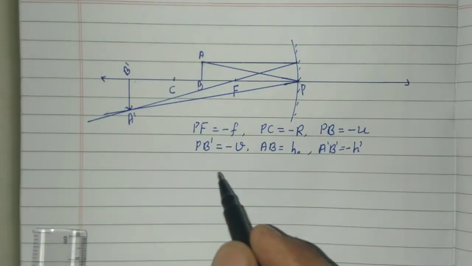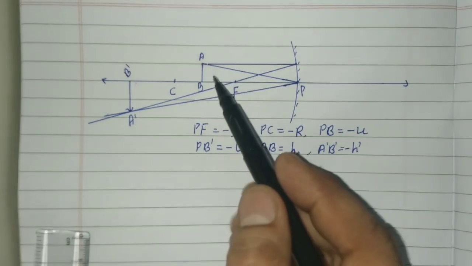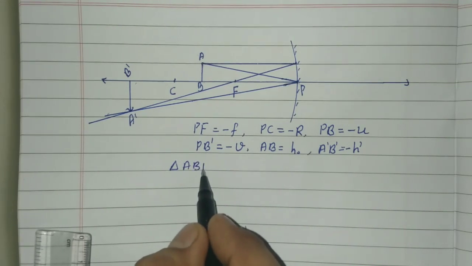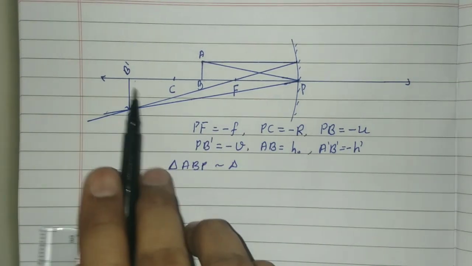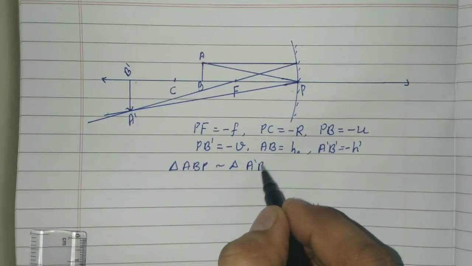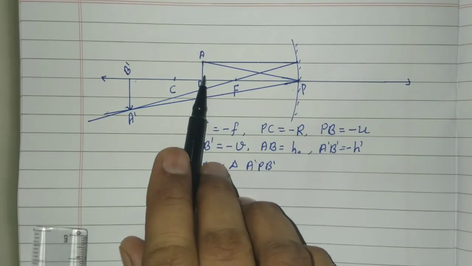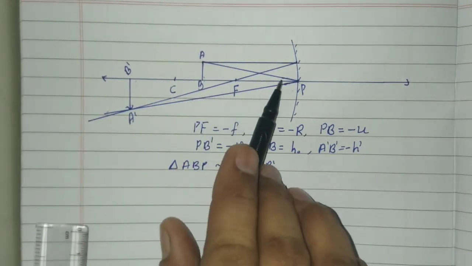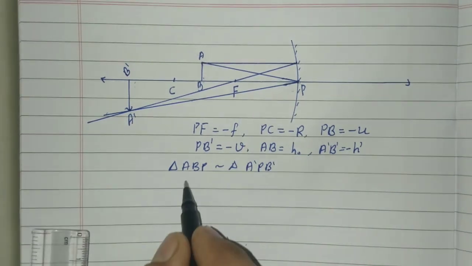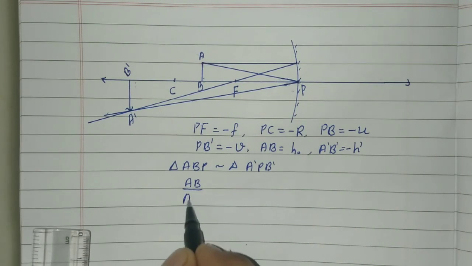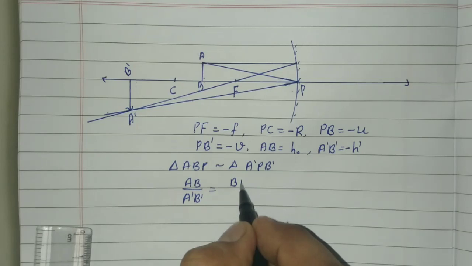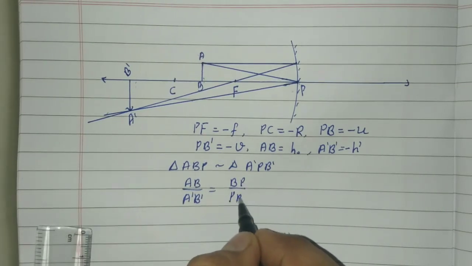Now we will use the concept of similarity. Here in this question, triangle ABP is similar to triangle A dash P B dash, because angle B is equal to angle B dash and angle P is equal to angle P, because I is equal to R. So we have AB upon A dash B dash is equal to BP upon PB dash.